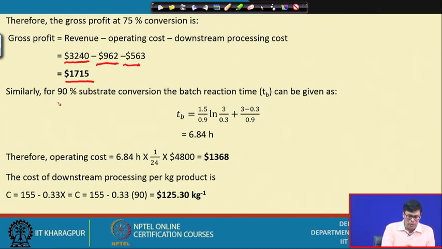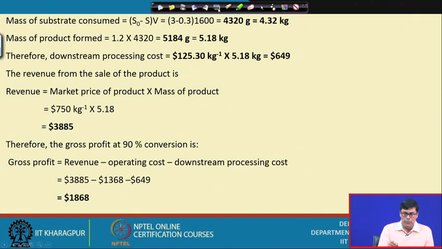Now, a similar type of cost analysis we perform when we have 90% substrate conversion, and then we find the batch time requirement will be 6.84. If it is 6.84, then the operating cost increases to this, and then we can find out the downstream processing cost is this. Then we find the substrate consumed increases to this, and the product value also increases.